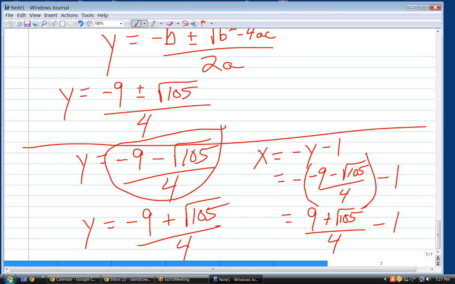Can I simplify that? No. Well, up here, actually we could. We can split this into two fractions.